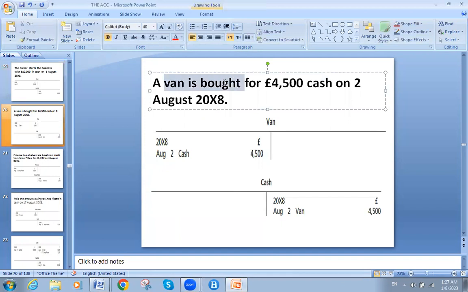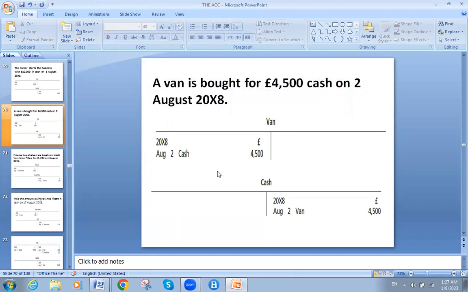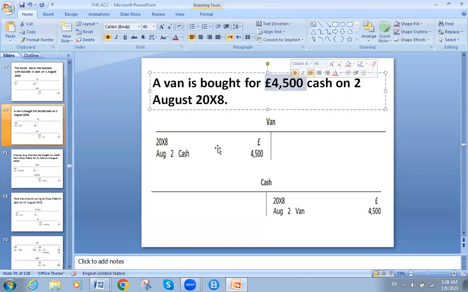A van is bought for 4,500 in cash on August. So when I do this transaction, from the name of the expenditure, which is van, from the van account into the cash. Why? Cash here decreased because you paid in cash. You paid in cash. So it will be from the van into cash.